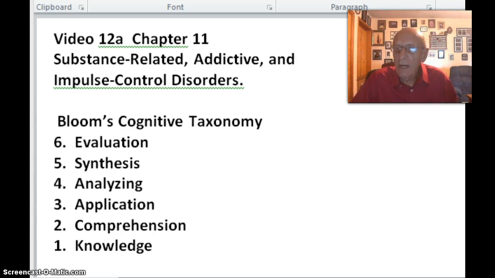And he thought, number one, the first thing we need is knowledge. Now, I will say this before we go on. Some individuals do not care for this approach. They do not care for what Bloom did, but nonetheless, we're going to go with it because it gives us a guideline. So, number one, the first thing we need is knowledge. We have two apples here, and we have two apples over here, and comprehension and application.